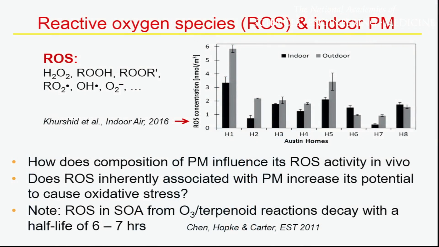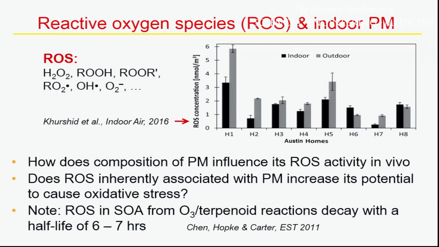Glenn mentioned reactive oxygen species and showed some nice studies by Shahana. This plot also comes from one of Shahana's studies. It's ROS indoors and outdoors in 8 different Austin homes. The question I want to ask is, what role does ROS associated with PM play in inducing oxidative stress?